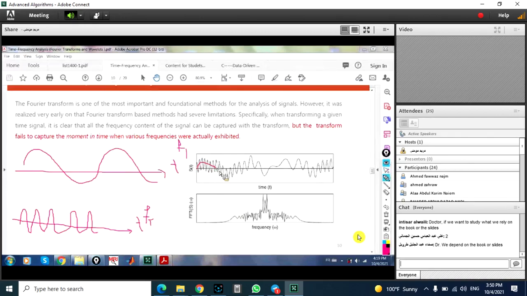Now the signal lies on this pink part. Besides, we have changes here.